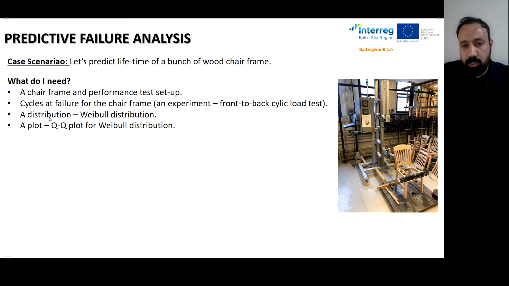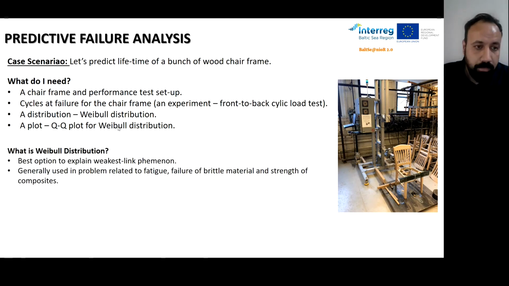And I need a distribution. For predictive failure analysis, I need to use the Weibull distribution. What is the Weibull distribution? Weibull distribution is the best option to explain the weak link phenomenon. It is generally used in probability of fatigue, failure of brittle material, and strength of composites. So here we can use a plot.